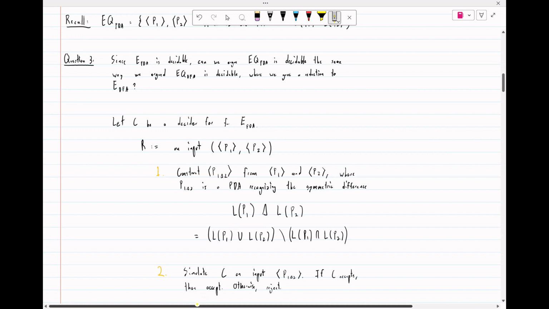Yes. We relied crucially on the properties of regular languages, that they were closed under union and intersection, right? So it's not clear that there is a PDA that could recognize this symmetric difference language.